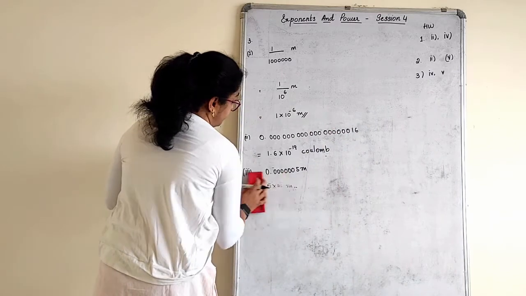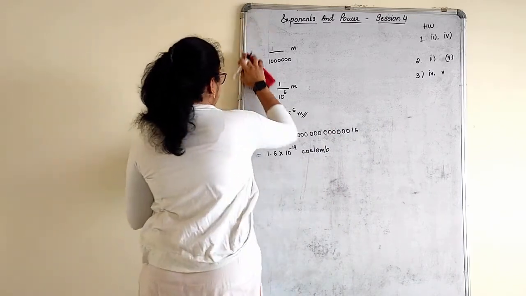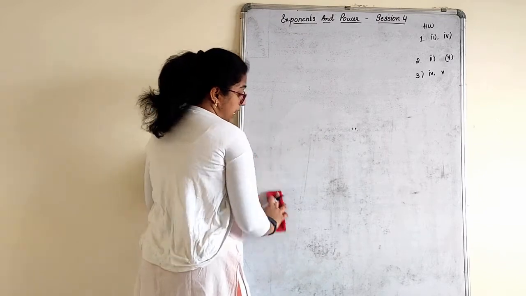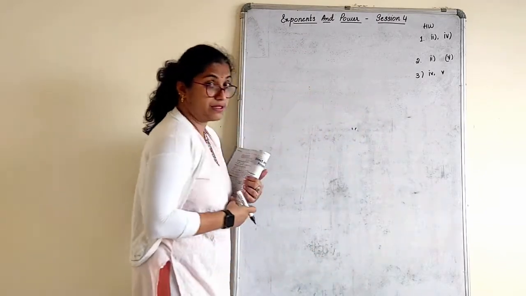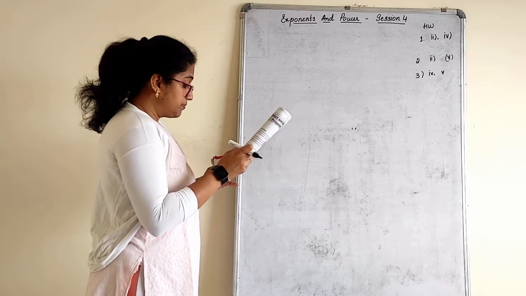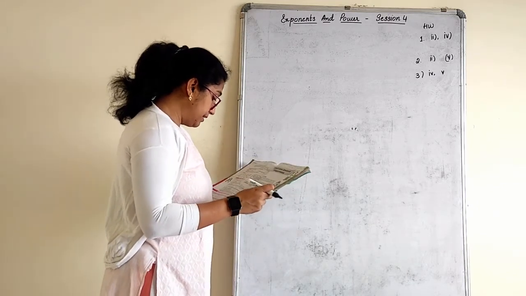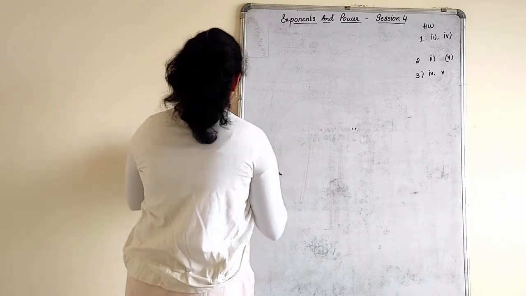Fourth one. There are worked examples also here. Many children go wrong in this actually. So you have to have a thorough practice in these type of sums. In a stack, there are 5 books, each of thickness 20 millimeter.